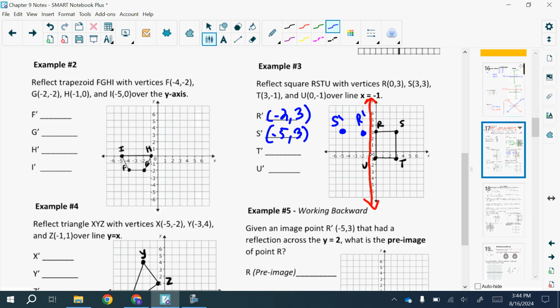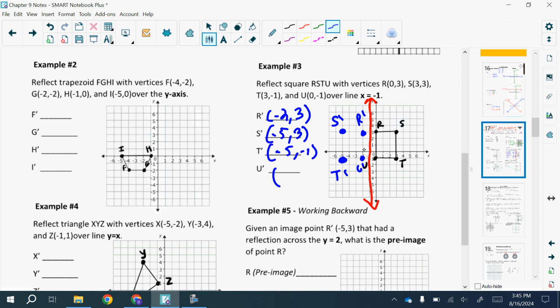Do the same thing for U. U is 1 to the right of the line of reflection. So U prime is 1 to the left. Okay. T is 4 units to the right of the line of reflection. So T prime is 4 units to the left. They all line up nicely as they should. This T coordinate is negative 5 comma negative 1.